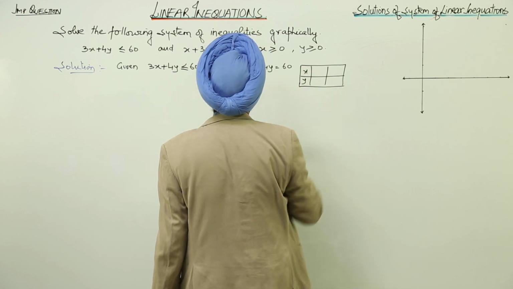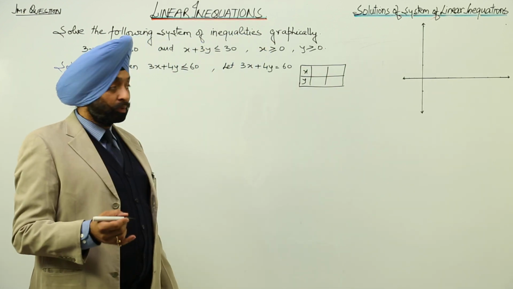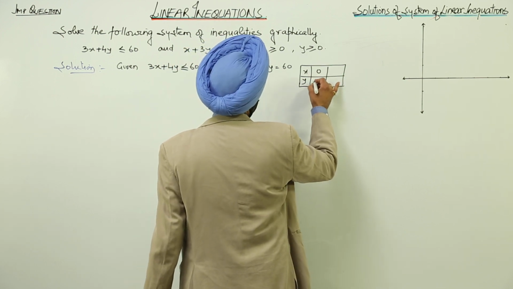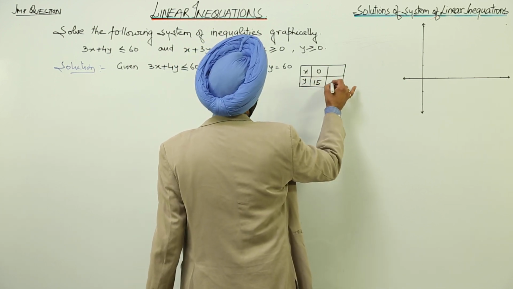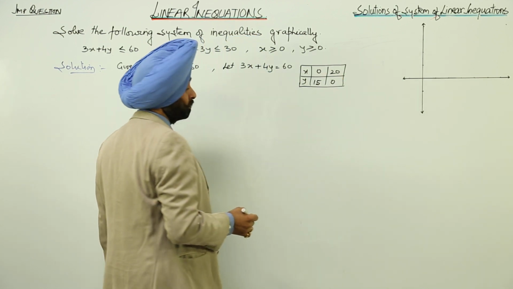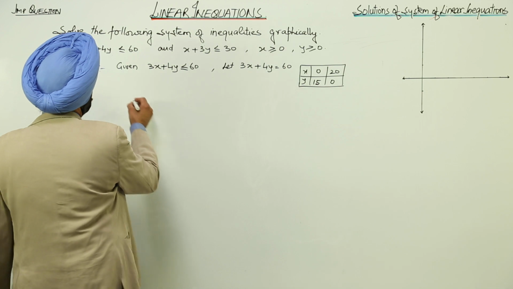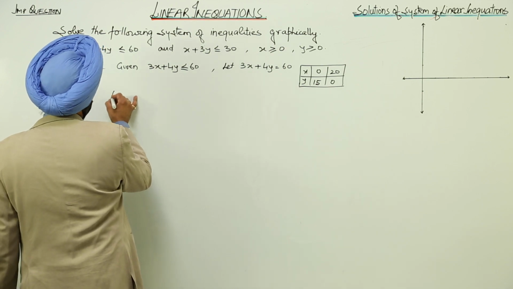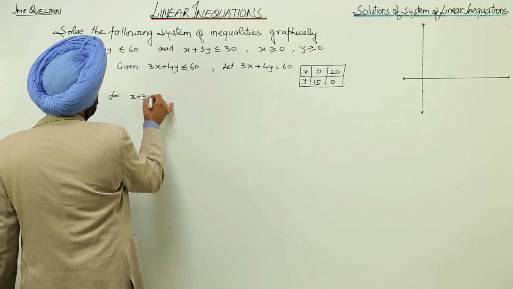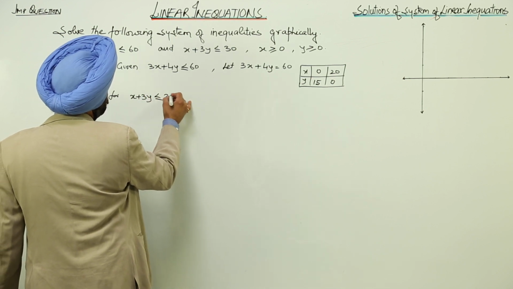Now just putting the points, if x is 0 then y is 15, and when y is 0, x is 20 for the first equation. Second, again for x plus 3y is less than or equal to 30.